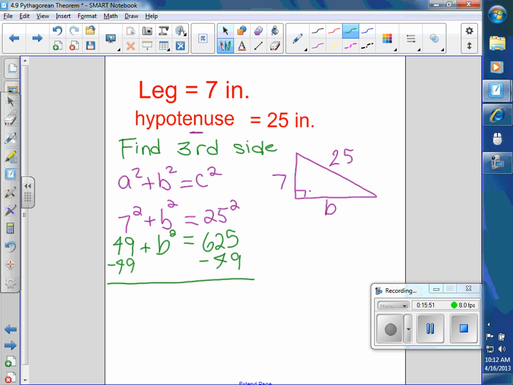When I do that, if I had subtracted 50, you'd have 575, wouldn't you? I subtracted 1 less. 576, right? And then you have to find the square root. Okay, but here's the thing.